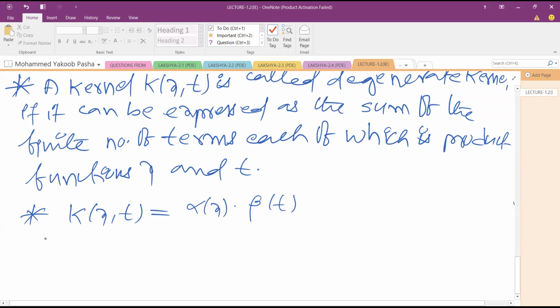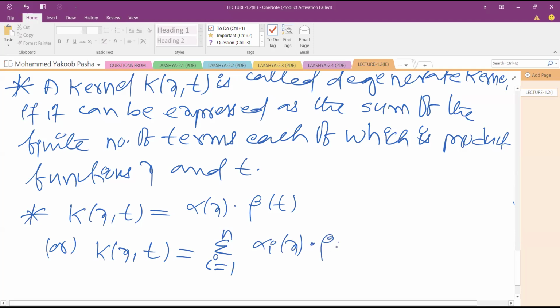In other words, we can write k of x comma t is equal to summation i equals 1 to n alpha i of x times beta i of t. It is a product of both the variables x and t. Okay, this kernel is called degenerate kernel, in other words, separable kernel. Okay, degenerate or separable kernel.